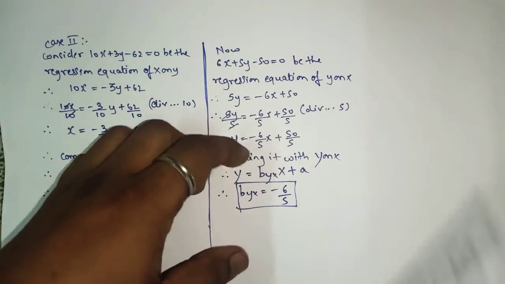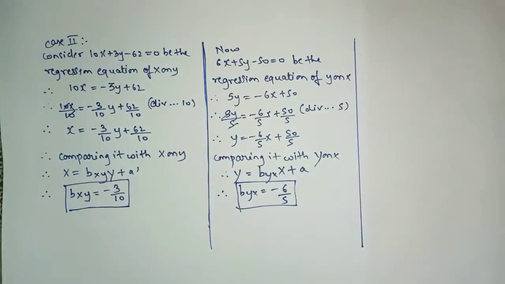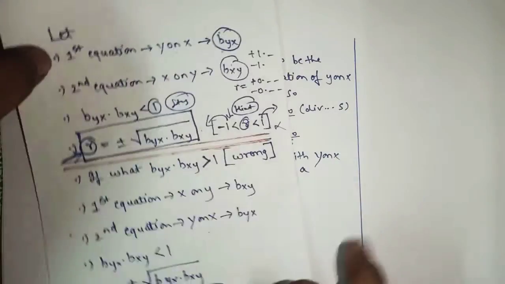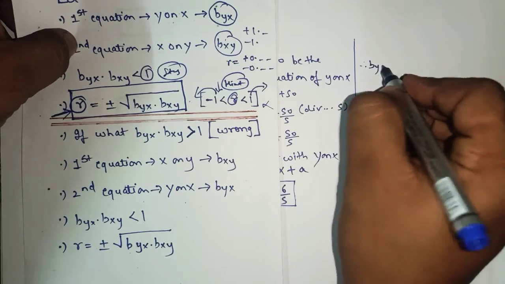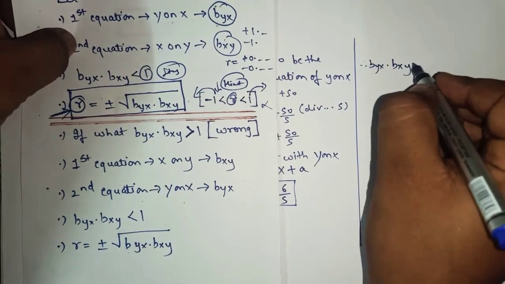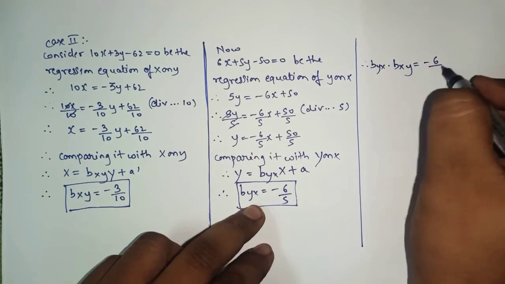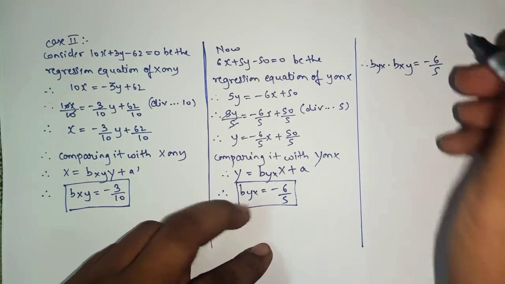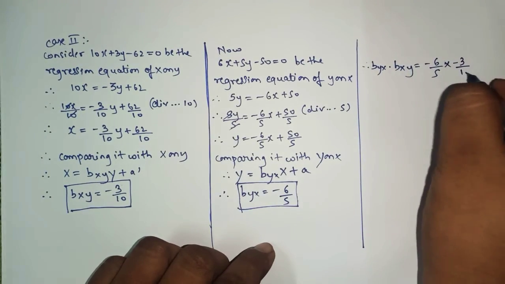Now you will check for the third condition, condition number 3. Byx into bxy equals to, so byx is minus 6 upon 5 into bxy is minus 3 upon 10.